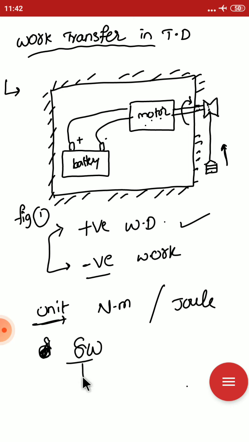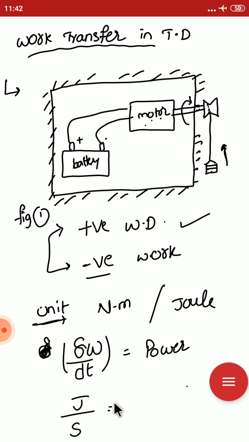The rate of work on the system is called power. The unit of power is joules per second, which is also written as a watt.